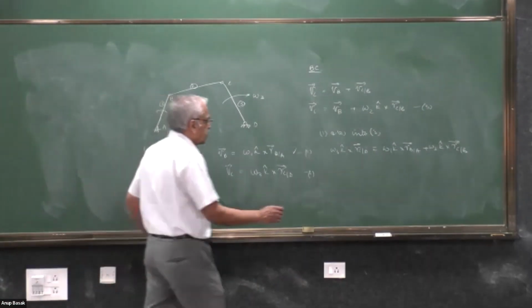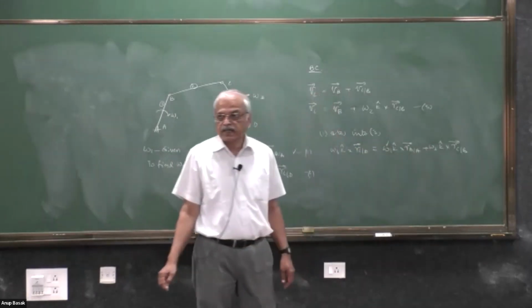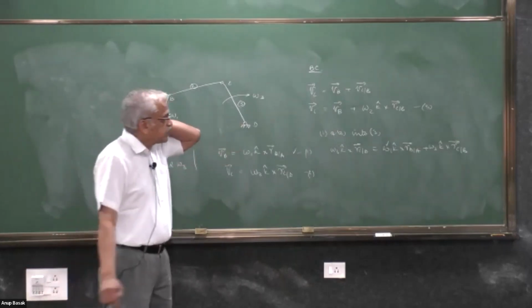What is given? We are given omega 1. All these position vectors we know at a particular instant. Given the configuration, we know all these position vectors.